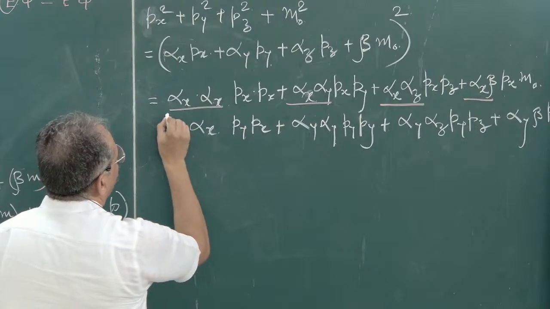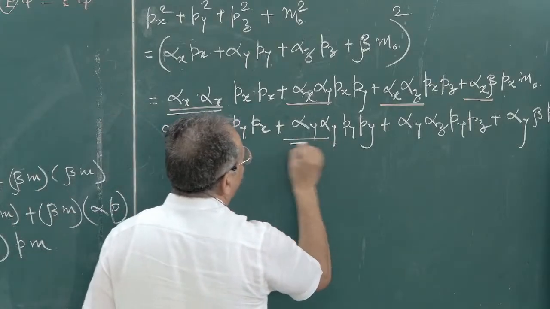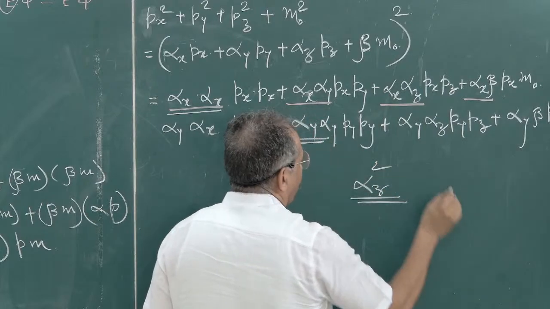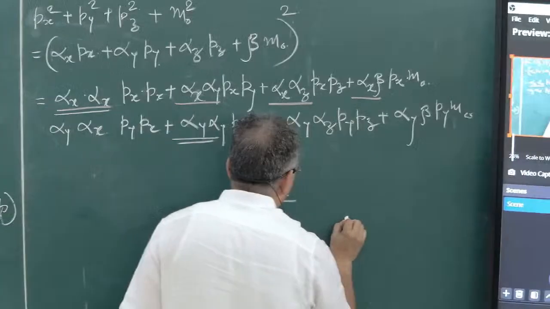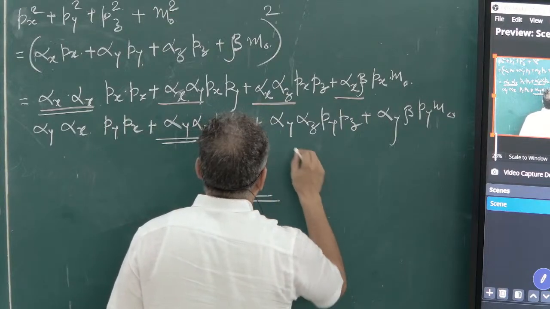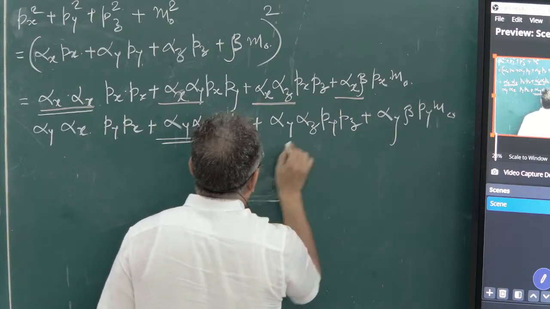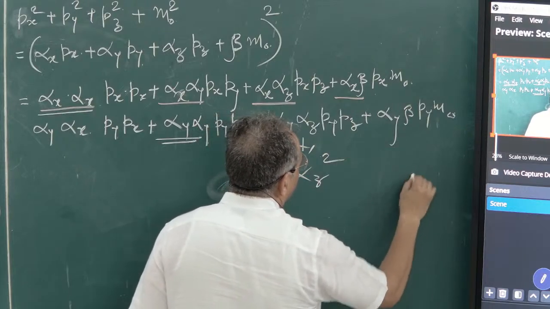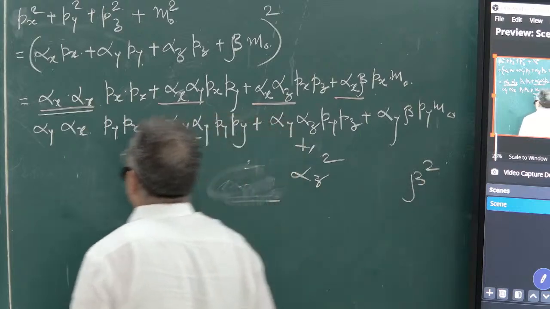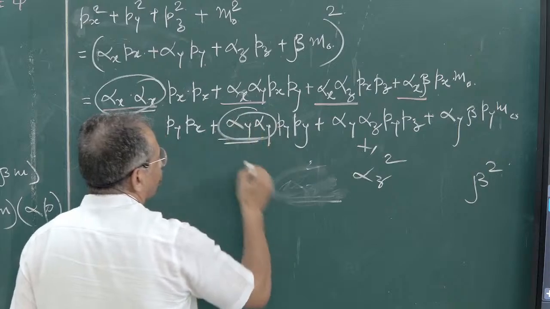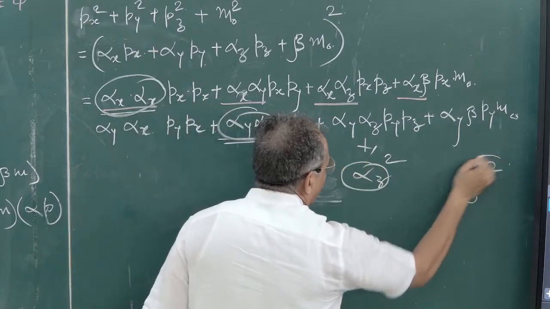So in this fashion we'll be able to obtain alpha x square, alpha y square, then here this will be alpha z square, and then beta square. So we want all these quantities to be unity. And last line.